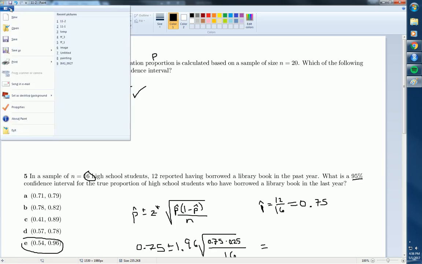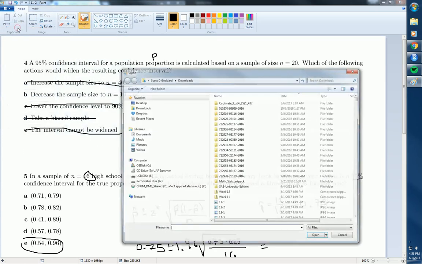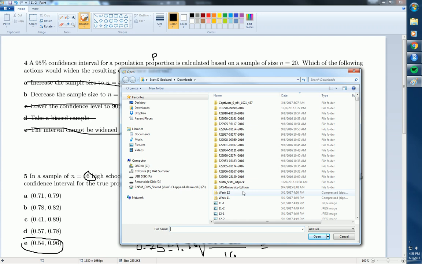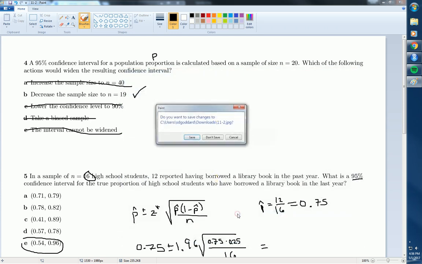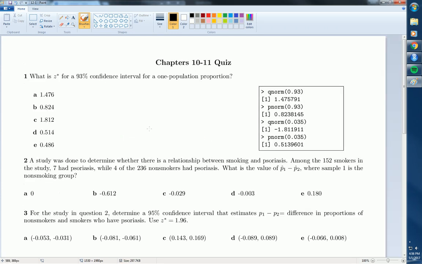Now moving on to the next quiz. What is Z star for a 93% confidence interval for a one population proportion? That is P. We want an interval for P, a population proportion. Z star for a 93% interval will be given by Q norm.